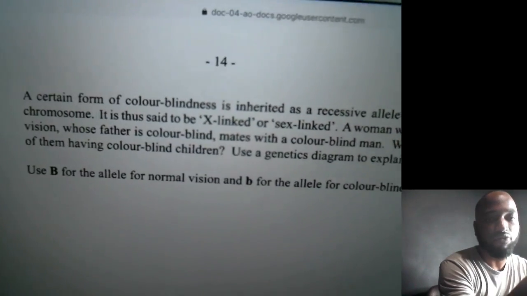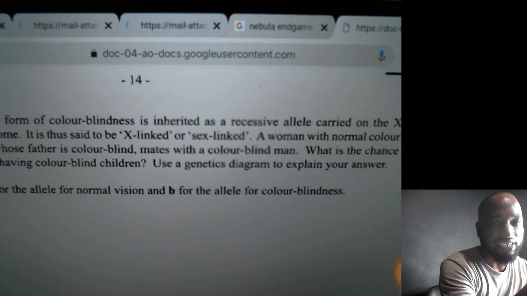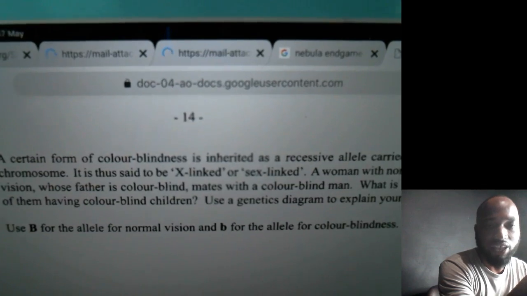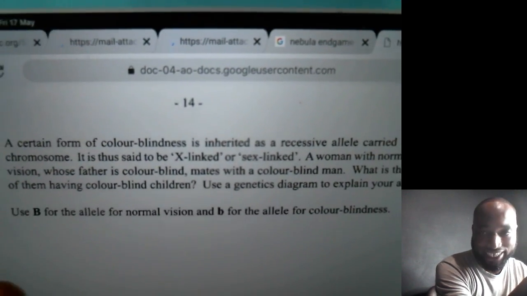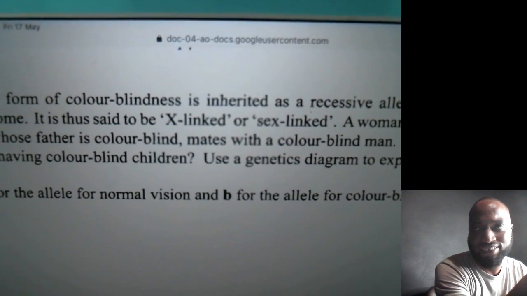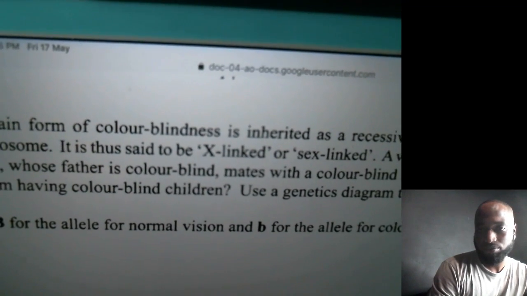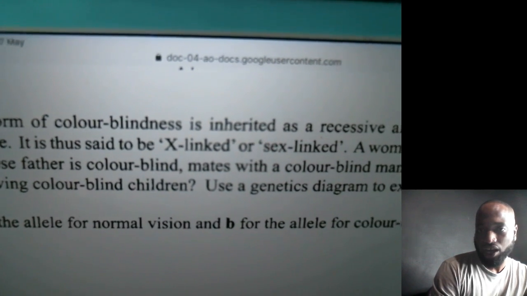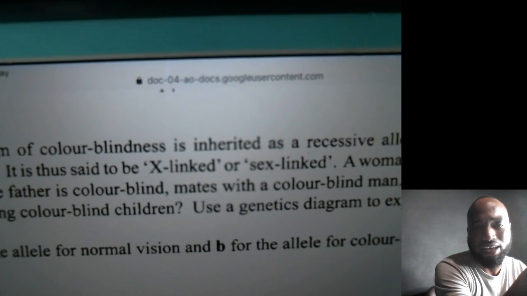So a certain form of color blindness is inherited as a recessive allele carried on the X chromosome. It is thus said to be X-linked or sex-linked. So this is a special thing. Most of the sex-linked traits are on the X chromosome, because the X chromosome is longer.